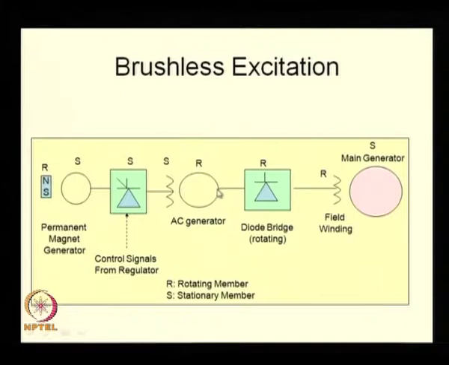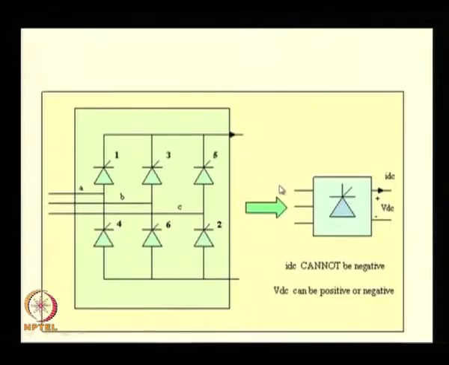The 3-phase voltages of this generator are induced on the rotor of the machine. The output of that is fed to a diode bridge, which is rectified and fed to the main field and does not require slip rings. So, some large generators in fact have this kind of arrangement.